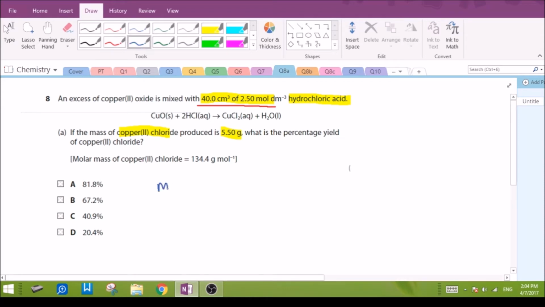The moles of hydrochloric acid will be the concentration multiplied by the volume. So 2.5 multiplied by the volume. Do remember to change the cubic centimeter to decimeter cubed, so that it's consistent with the concentration. So we multiply concentration and volume.